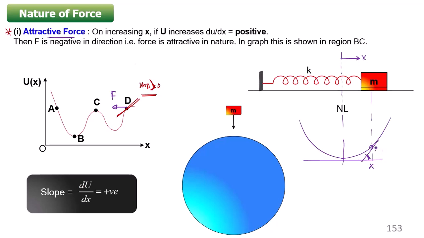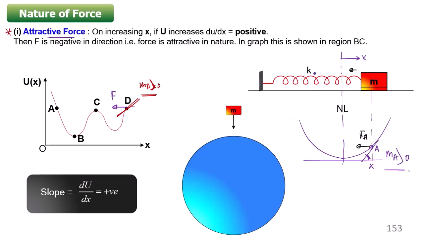So this is point A. The slope at point A is positive. So once you release the mass, the mass automatically comes towards the natural position. Why? Because the spring is pulling it. So this mass is observing a force which is attractive in nature. Because the slope is positive, the force at this point is negative. So this is the force at point A, and this type of force is known as attractive.